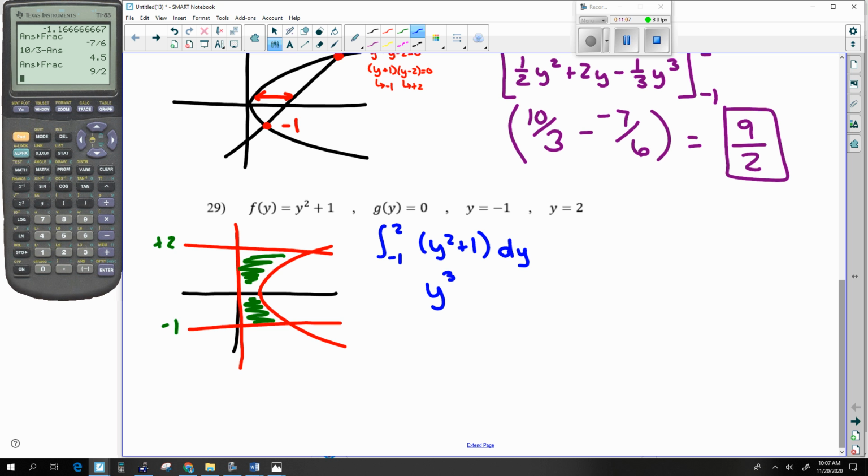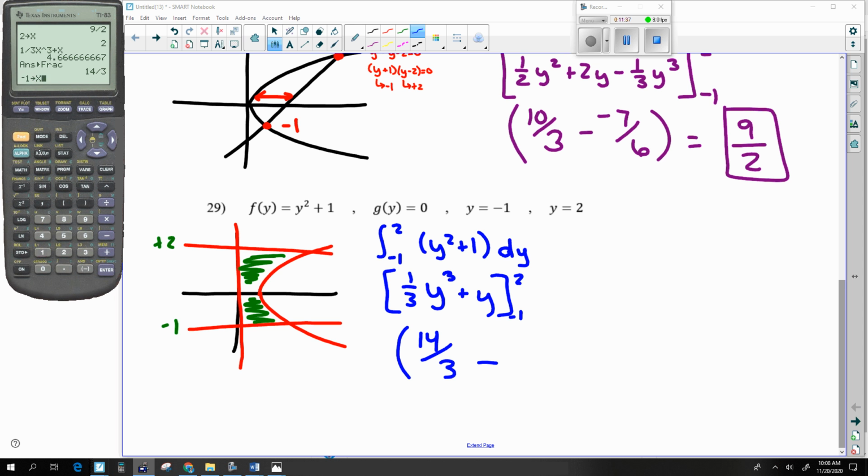So this is 1/3 y to the third, from negative 1 to positive 2. And then negative 1. 18/3, this is 6.